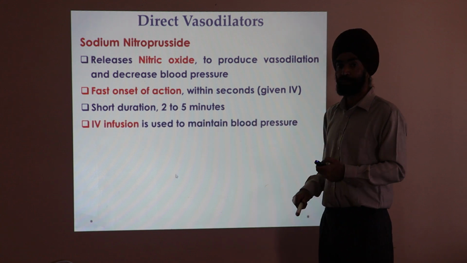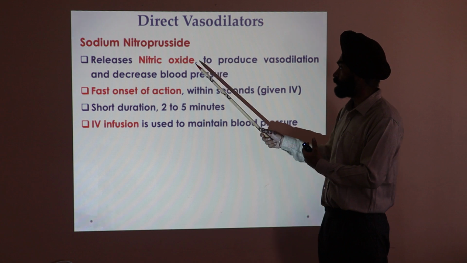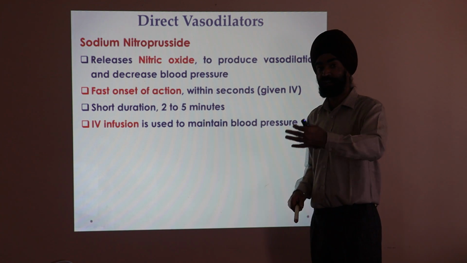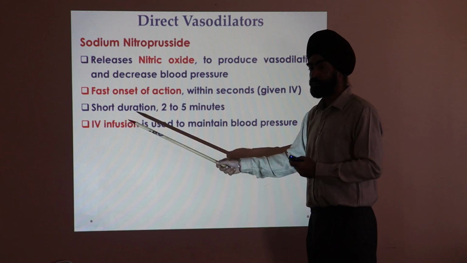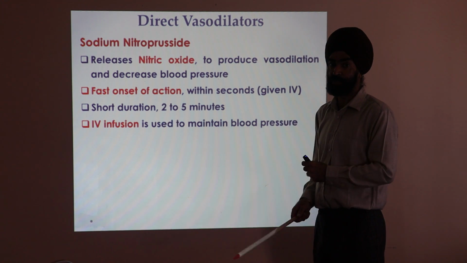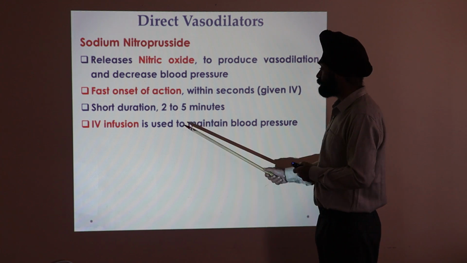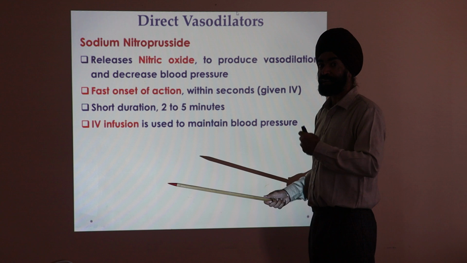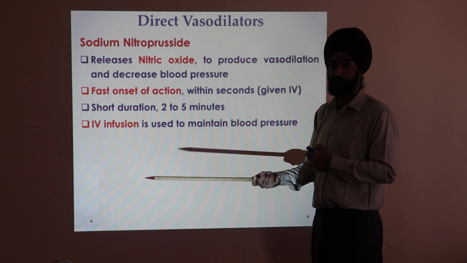So it is not that you give a single IV injection of sodium nitroprusside and can expect a fall in the blood pressure for a long period of time. What you have to do is continuously give nitroprusside for a certain period of time, so that the blood pressure remains in the lower state. Obviously this is not the case in normal day-to-day life.